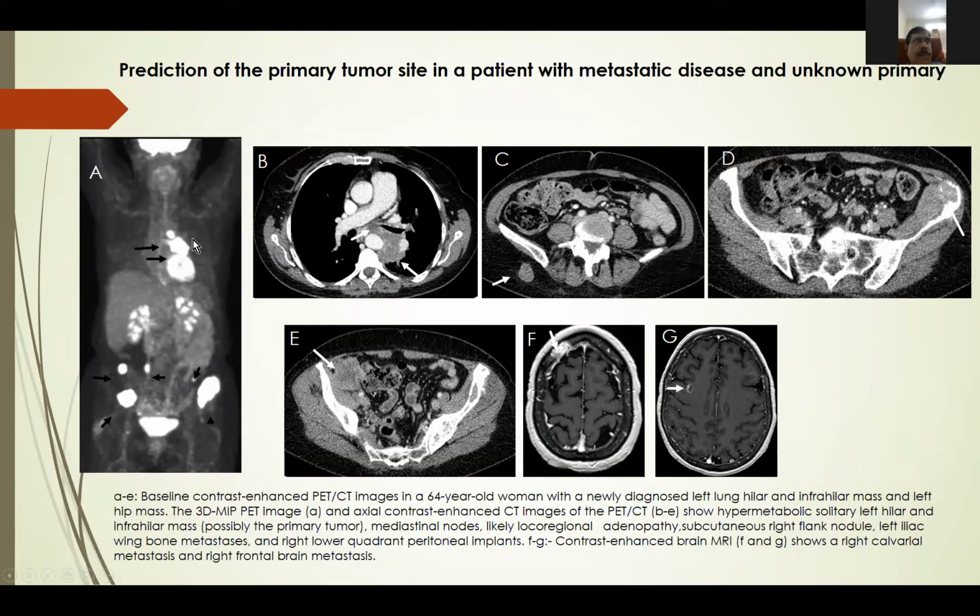Based on the distribution, solitary mass in the lung, a node, and then widespread dissemination, you can say this is lung metastasis. Unfortunately, the pathology showed an undifferentiated carcinoma, and the pathologist did not confirm it as a lung cancer. But I think based on the pattern, we can say it is from lung cancer.